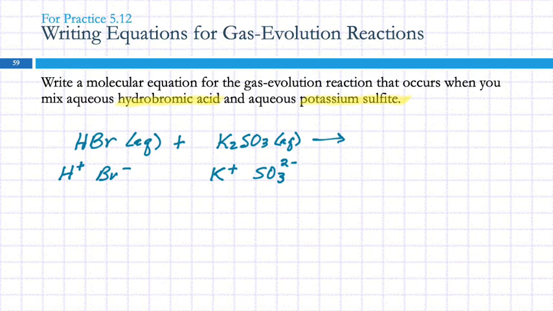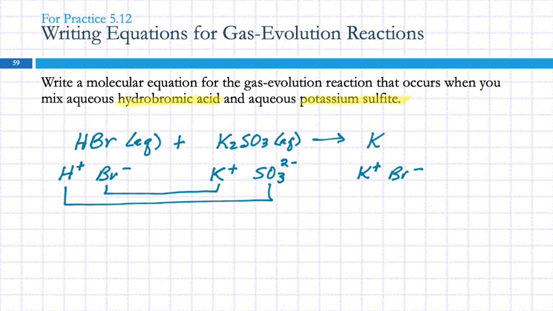And so then we're just going to swap partners, which is the general approach to predicting products for reactions. So we'll put potassium and bromide together. That's going to give us KBr. That's going to be aqueous because all potassium compounds are soluble.